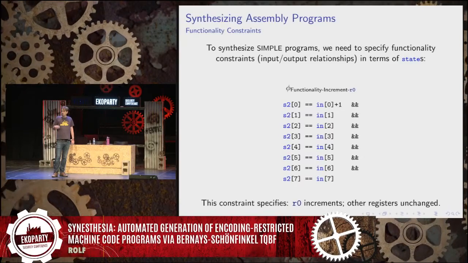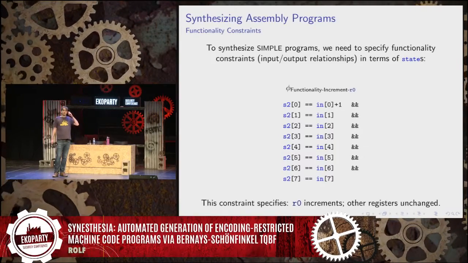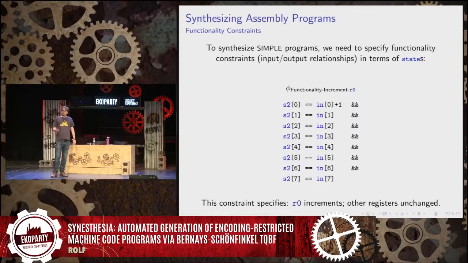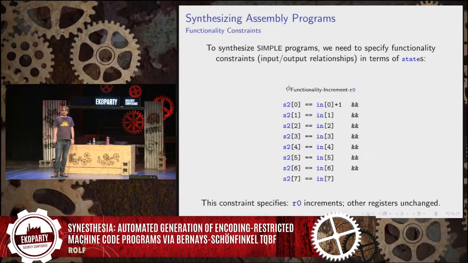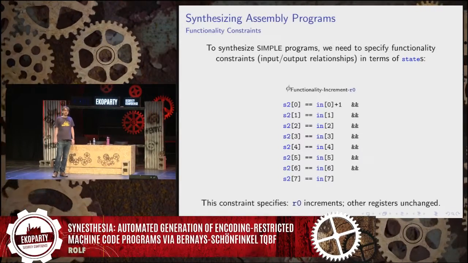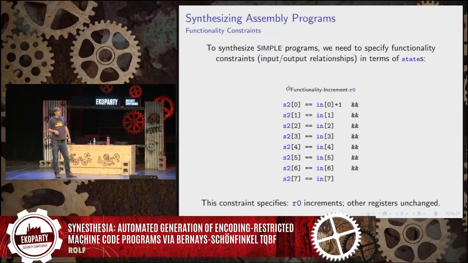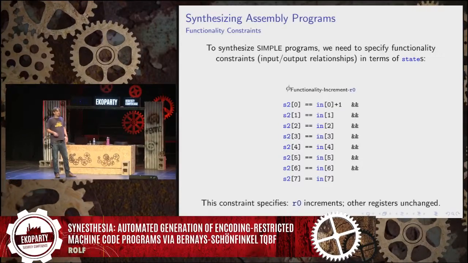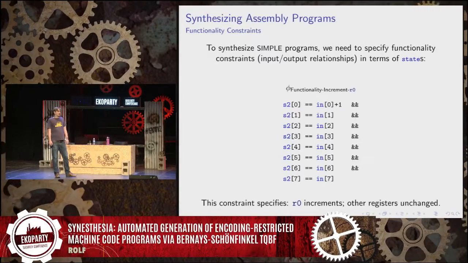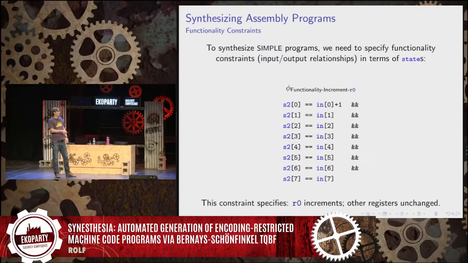Now, in order to synthesize assembly language programs, we're going to need to specify what the functional effects of the program should be. So we're going to have to specify these in terms of machine states. So let's say we want to synthesize a program that increments R0.